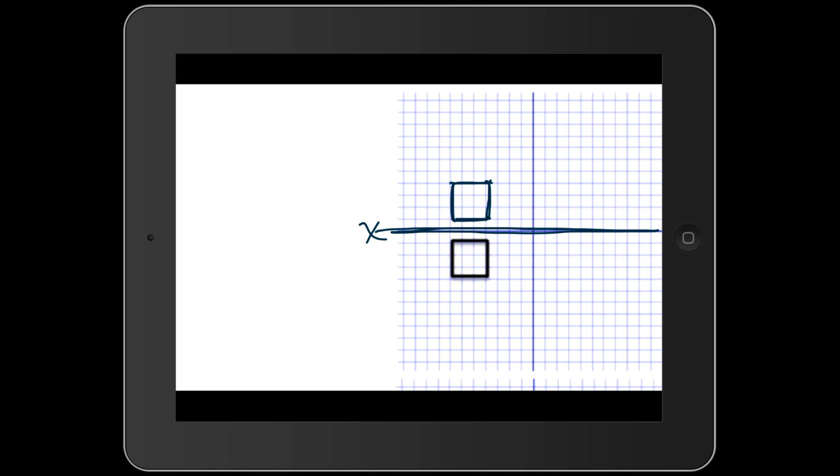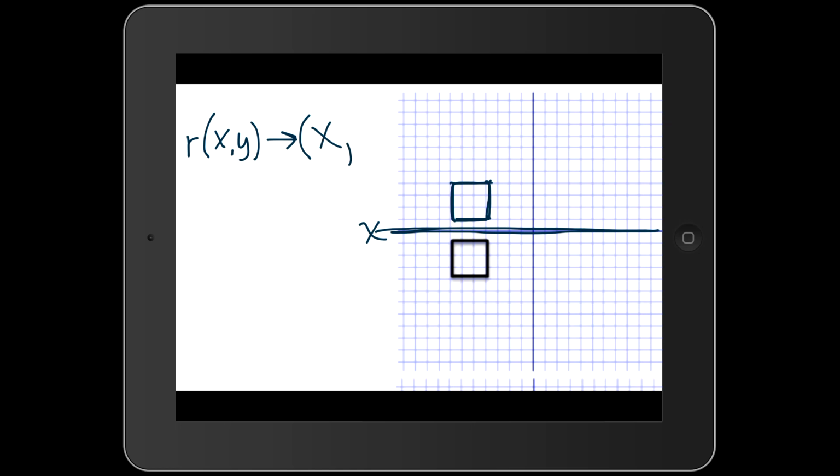Now I need to be able to write a rule. Same thing. It's a reflection of the xy. It makes a transformation. And what's happening here? Which values change? Did the x values change? No. X values remain the same. The values that changed were the y.